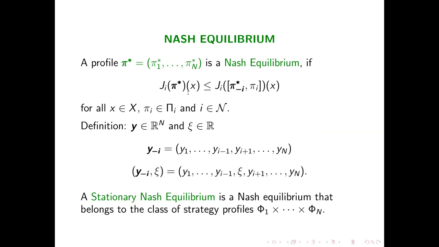So neither player can deviate unilaterally from the prescribed strategy. If player i decides to deviate from the equilibrium strategy, then he cannot get less in this case.